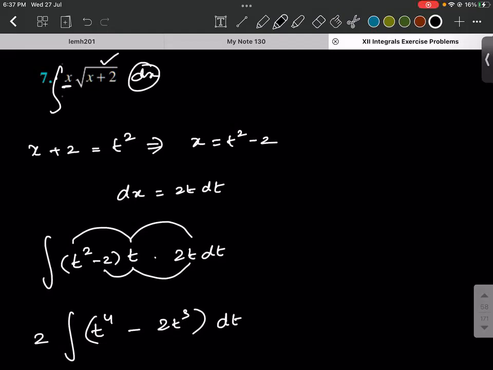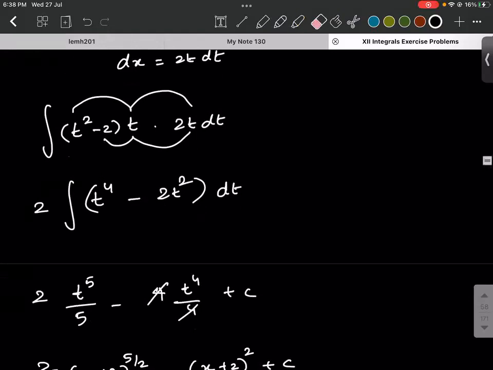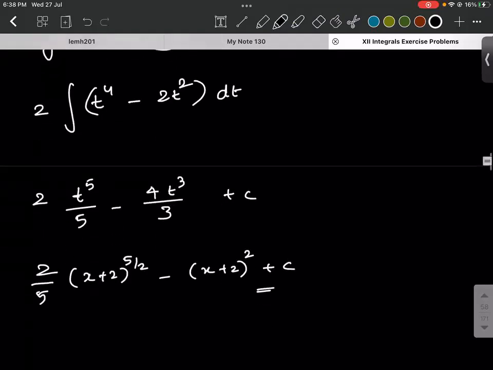Oh, it should be 2t square, then it will be t cube by 3. It will be 4t cube divided by 3, so 4 by 3 into power 3 by 2. This should be the answer.